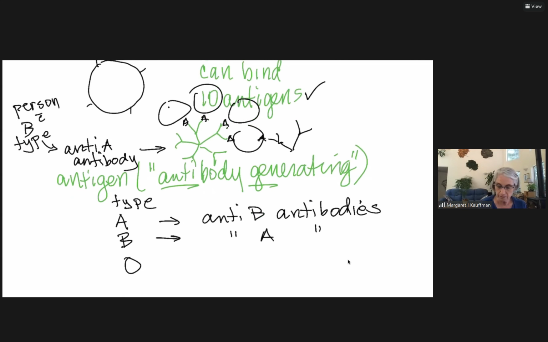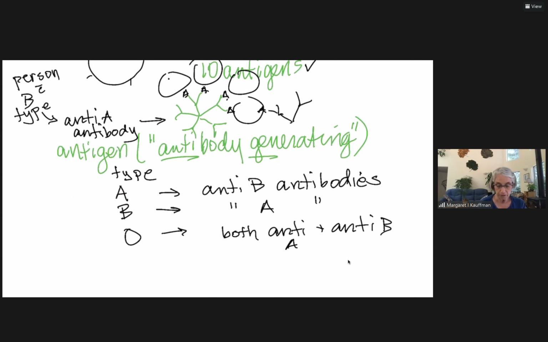So that means that they are going to generate both anti-A and anti-B. Remember, your immune system is looking for non-self. So if you're O, that means somebody with type A is not you, and somebody with type B is not you. Are we all right?